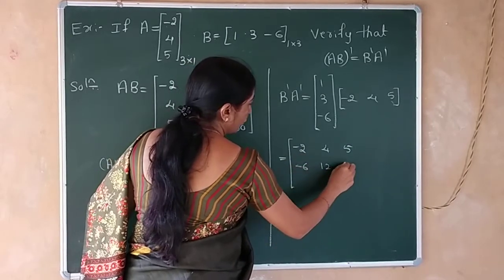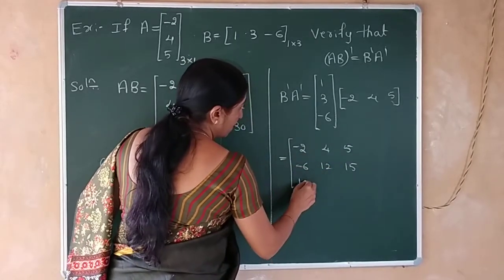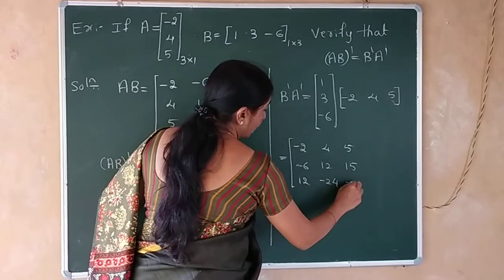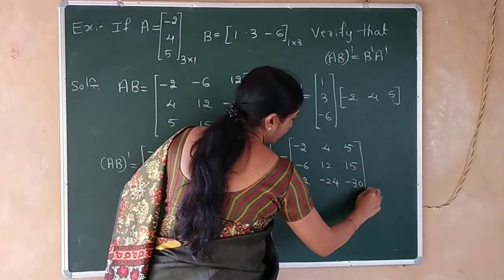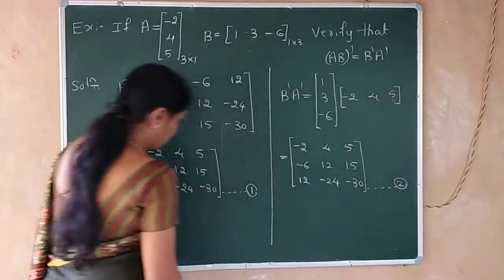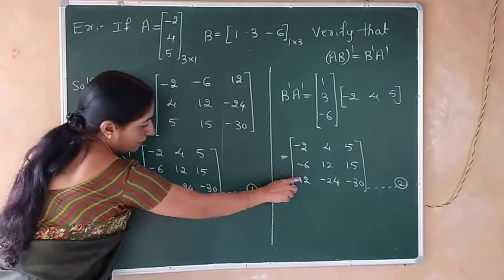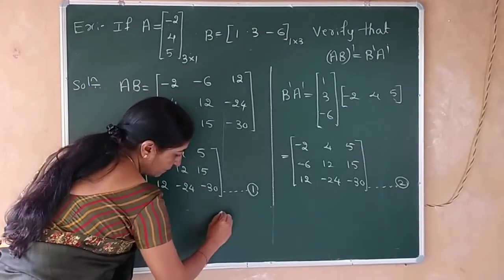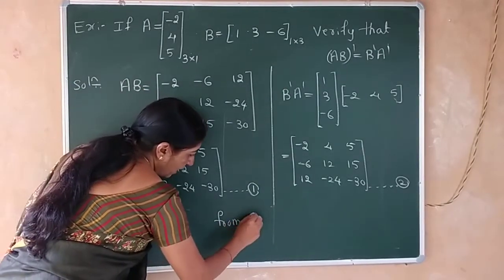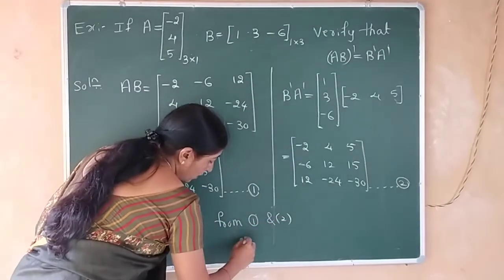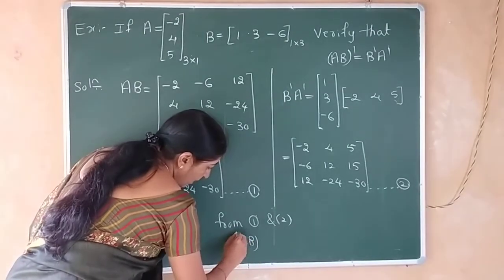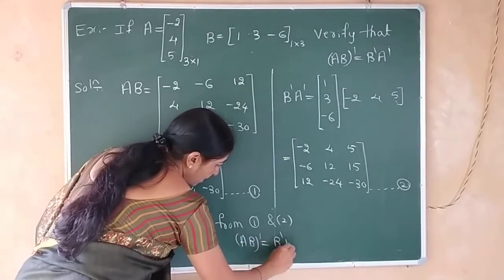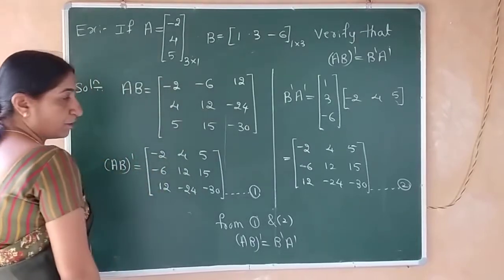Minus 6, 12, 15. Then 12, minus 24, minus 30. This is what? Equation 2. See, both I kept as it is side by side. Compare that, and what are you getting? From 1 and 2, the answer will be AB whole transpose is equal to B transpose into A transpose.